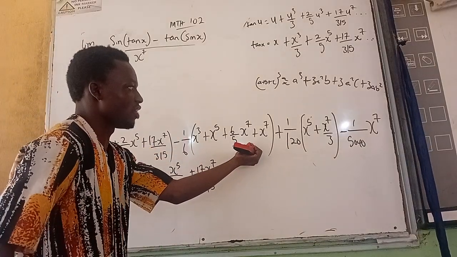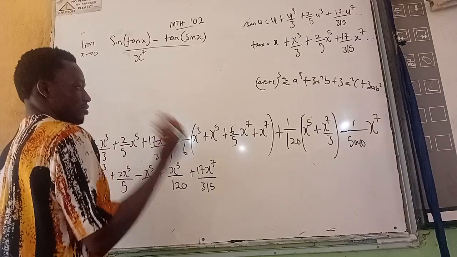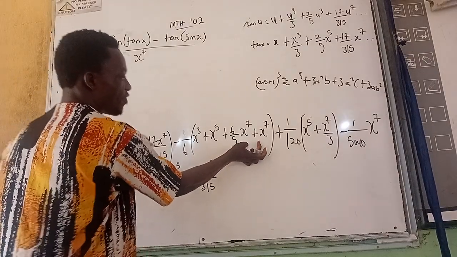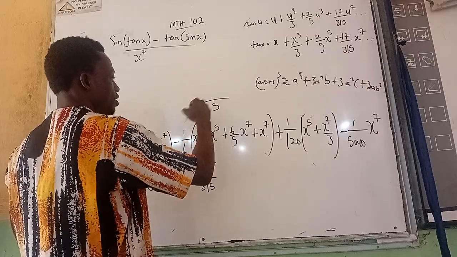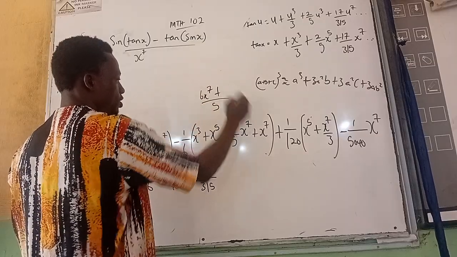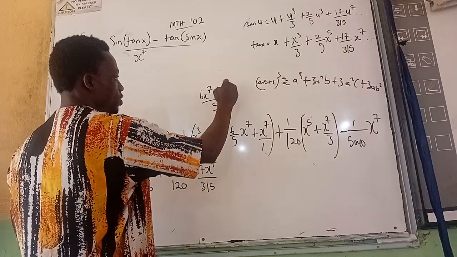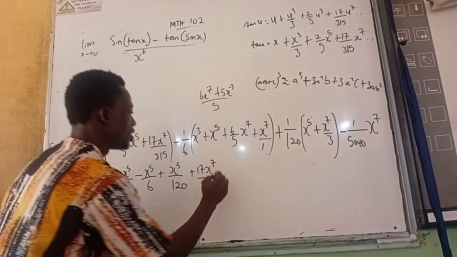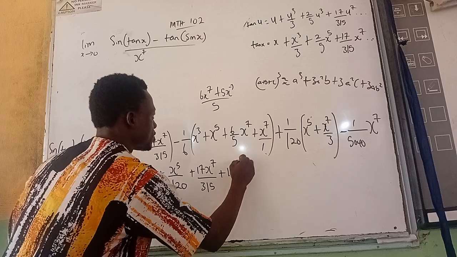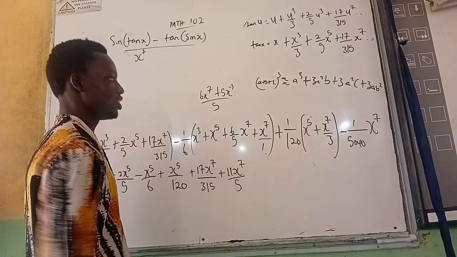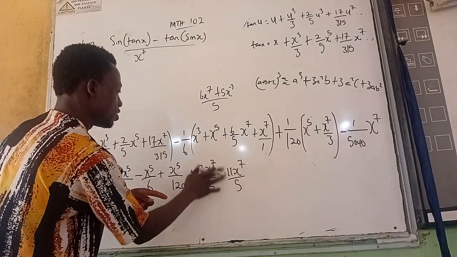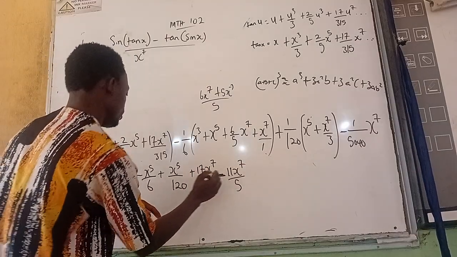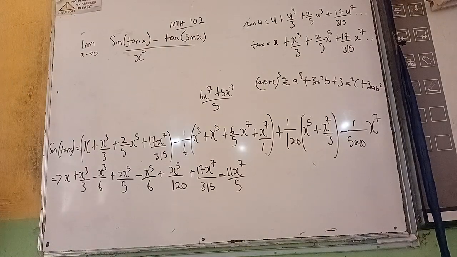Let's add this first so that we won't have issues. Let's add these two: 6 over 5 x^7 plus x^7. The LCM is 5. So here we have 6x^7 plus 5x^7, so this one will give us plus 11x^7 over 5. Do we have any other x^7 there? Is it plus? Sorry, it's minus. I hope I've not made a mistake.